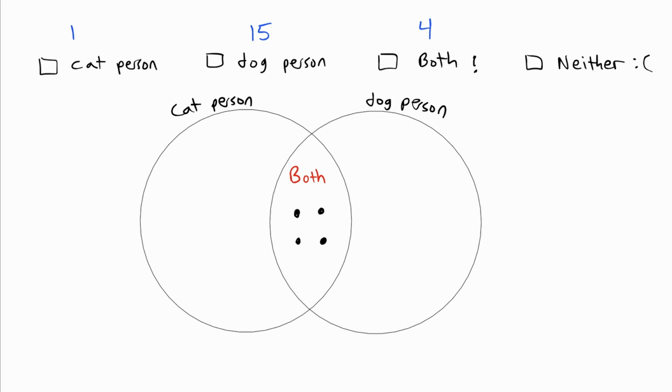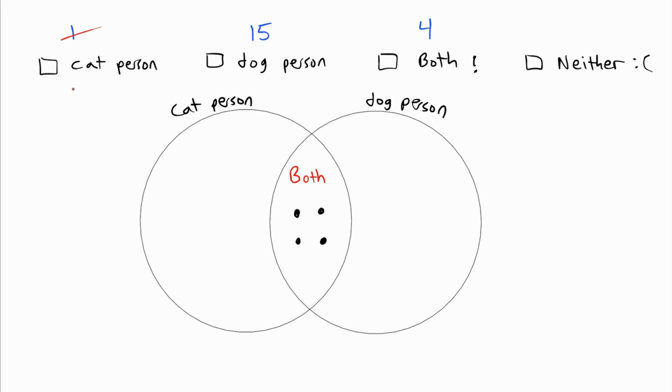Just 3? See, I'm surprised by that. Because 4 people said both before, unless you change your mind. How many people are really cat people? 1, 2, 3, 4. Okay. All right, it's better. A little better. Still missing somebody.